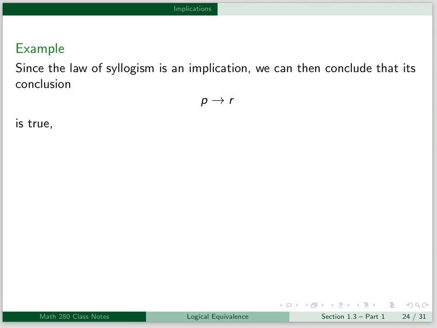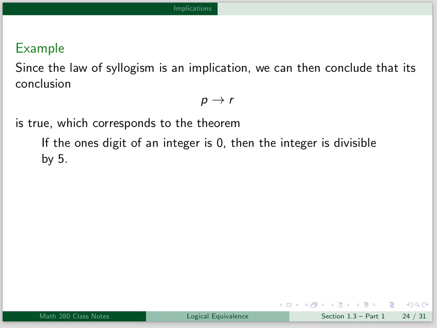And since the law of syllogism is an implication, we can conclude that its conclusion, P implies R, is true, which corresponds to the theorem: if the ones digit of an integer is 0, then the integer is divisible by 5.